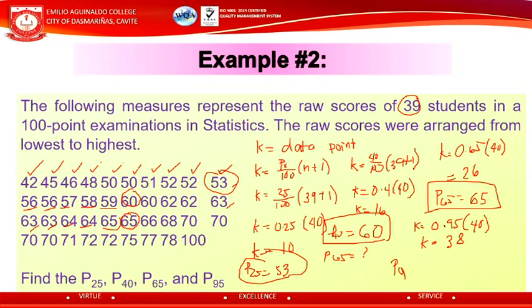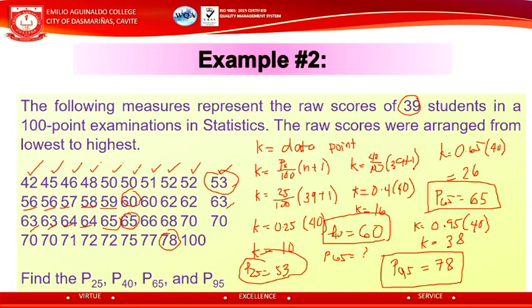So P95 is now equal to the 38th data point, which will be equal to 78. Okay, these are now the values that we are looking for. So, it's easy, right? We just have to apply that formula to solve for that particular data point.